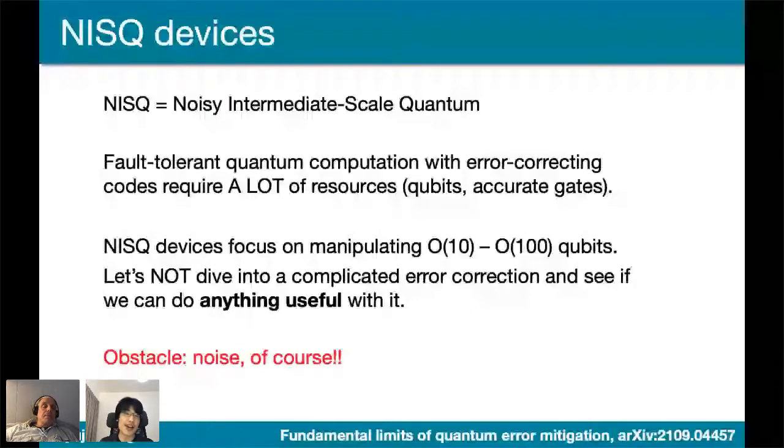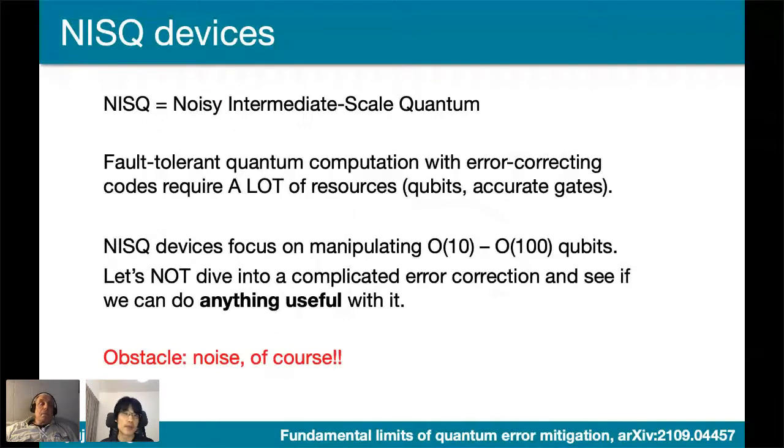So this field has attracted so much attention recently, and people have introduced very many quantum algorithms, like NISQ algorithms known as variational quantum eigensolvers, where the hope is to apply them to quantum chemistry simulation and so forth.